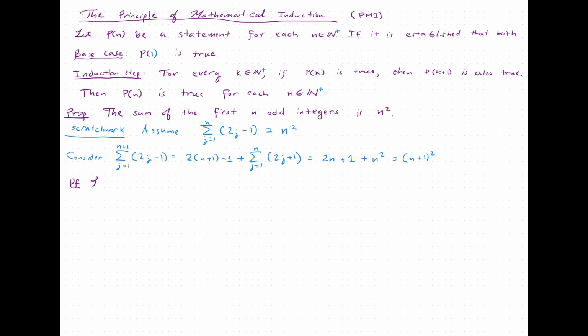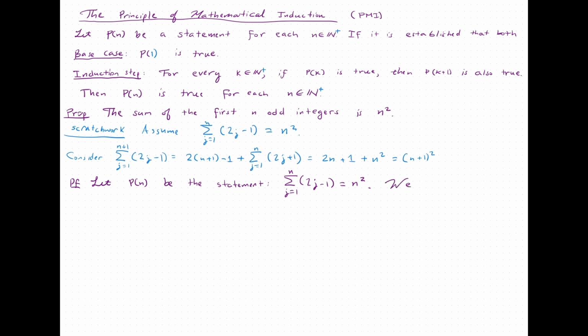So let P of n be the statement where now we have the sum from j equals 1 through n of 2j minus 1 is equal to n squared. And so now we have our statement, and so we're going to prove this.